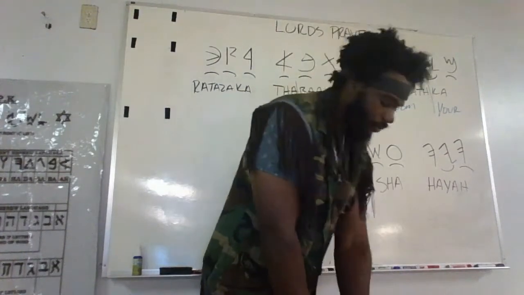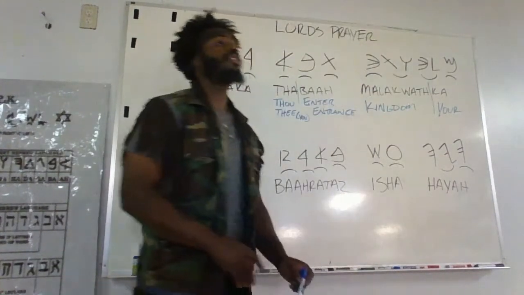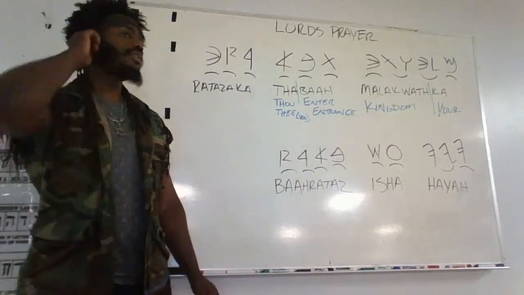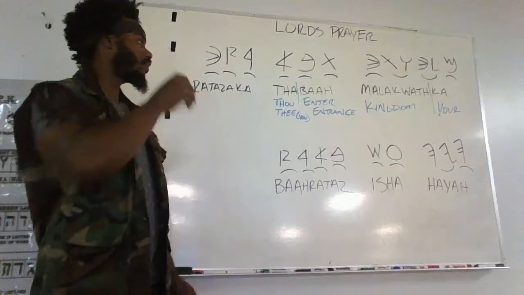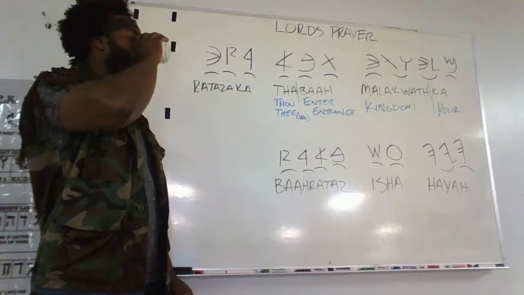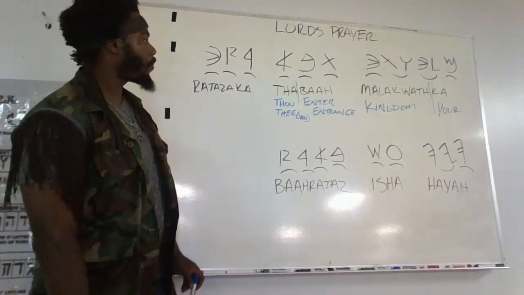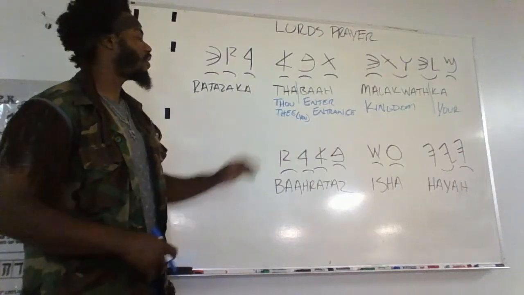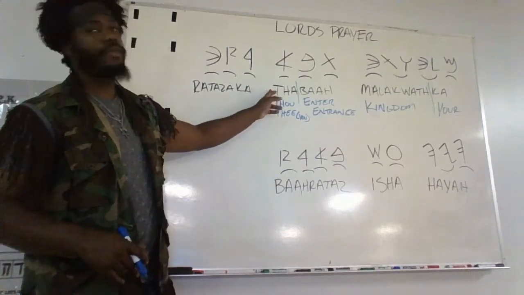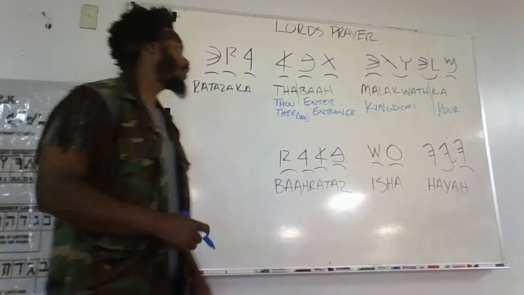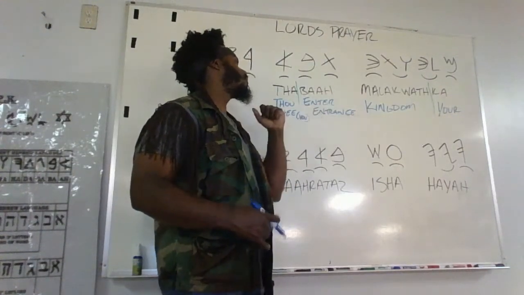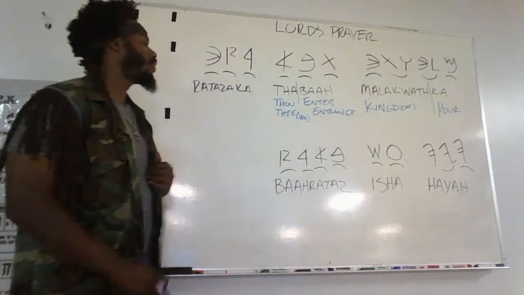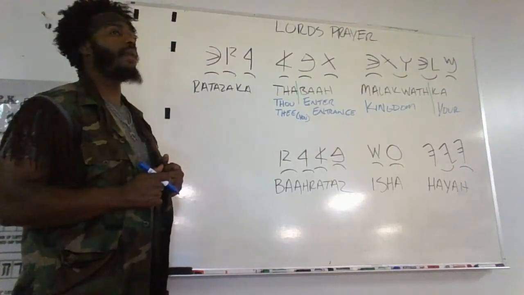H, the number 872. But because it has a prefix on it, ha is removed. But it's still the same word, ba'a.